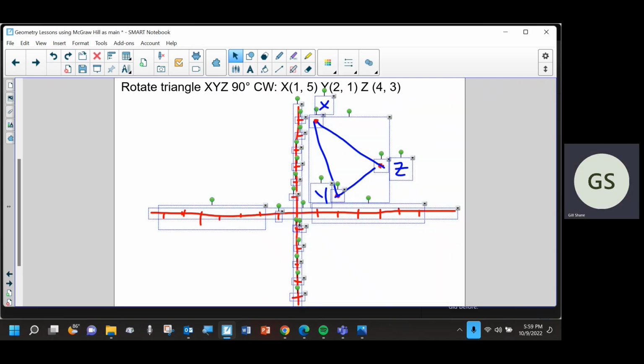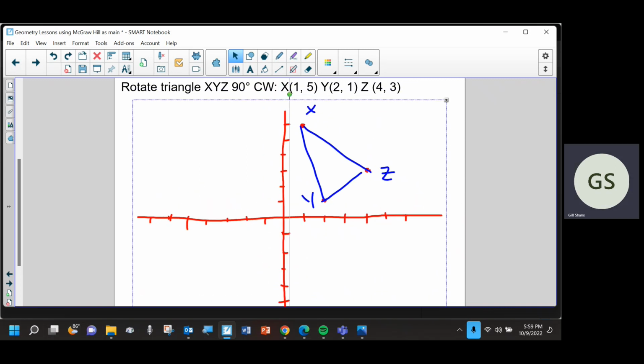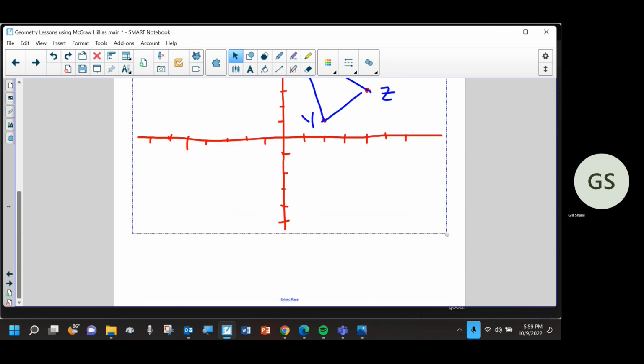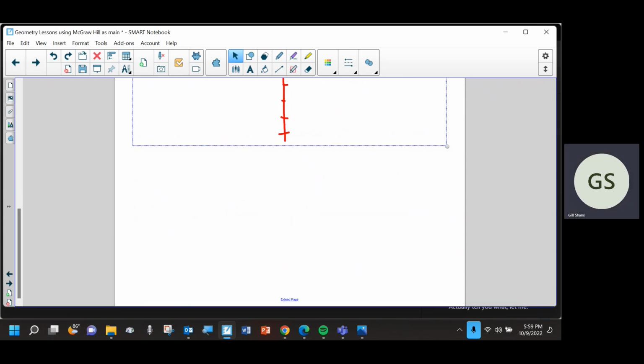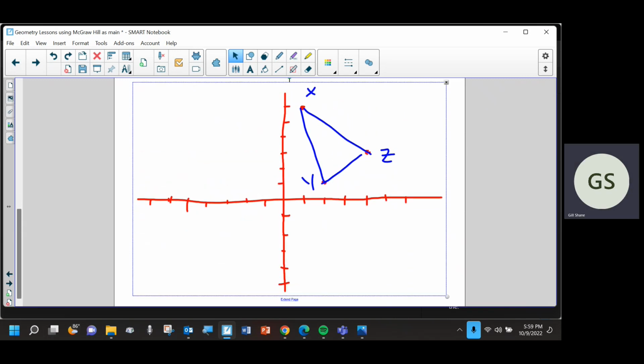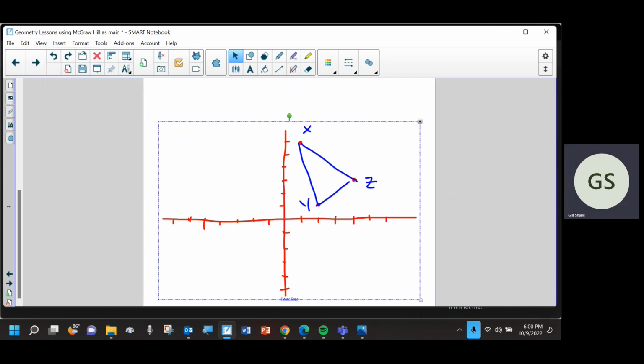Try this again. I don't know why it undid it. There, that's what I need to be able to do. Okay, so it looks like it's okay. Actually, I'm going to scroll. Oh, actually, here, I'll zoom out. Now that I've drawn it, I can zoom out. If it'll let me. There we go. That should be a little better.